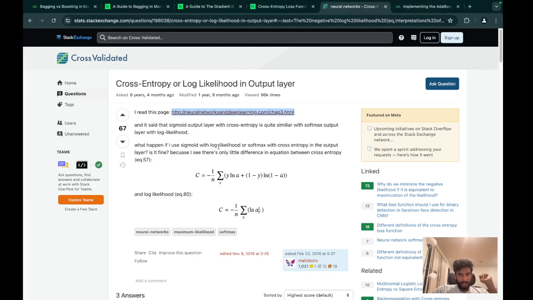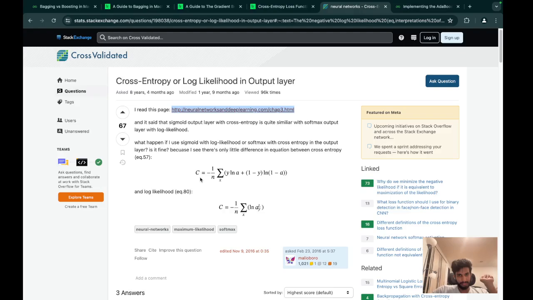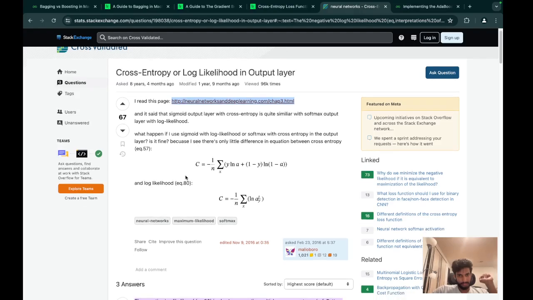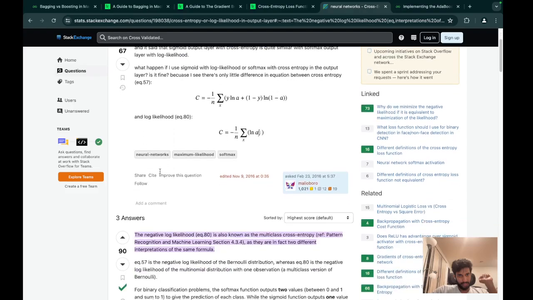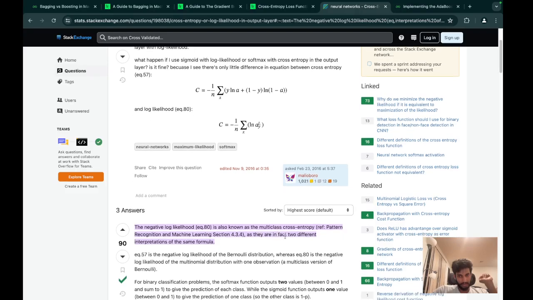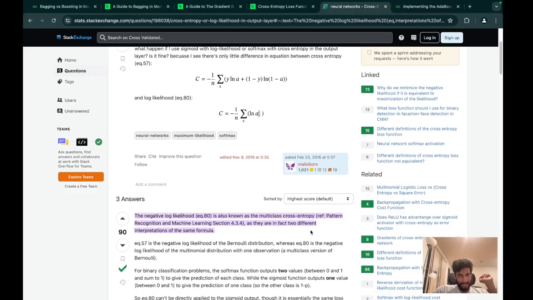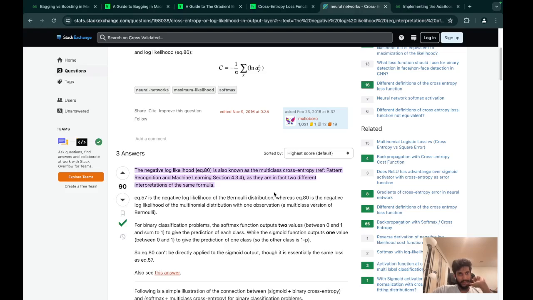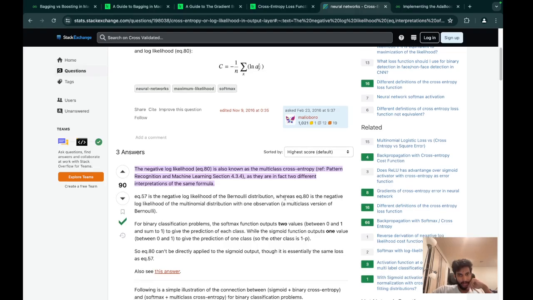What if I use sigmoid with log likelihood instead of softmax with cross entropy? Is it fine? Because I see there's only a little difference in the equation of cross entropy. The negative log likelihood is also known as multi-class cross entropy. They are, in fact, two different interpretations of the same formula.